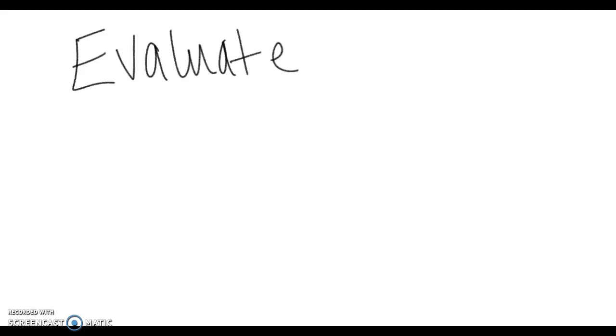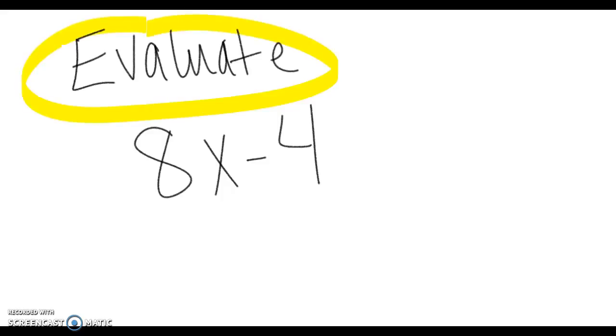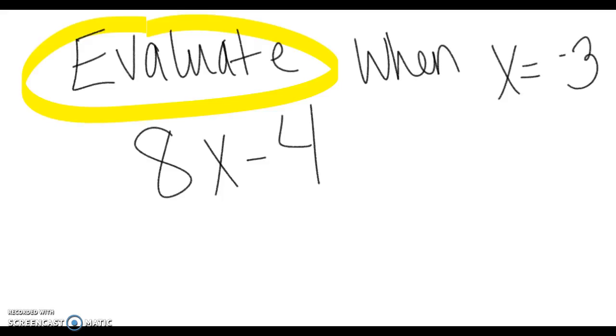So far, all I've reviewed is simplifying, which means get it as simple as you can. But sometimes when we're given an expression, 8x minus 4, that's simplified. That's as far as I can go. But if I ask you to evaluate, then I have to give you some number to substitute in for the x. So maybe evaluate when x equals -3.